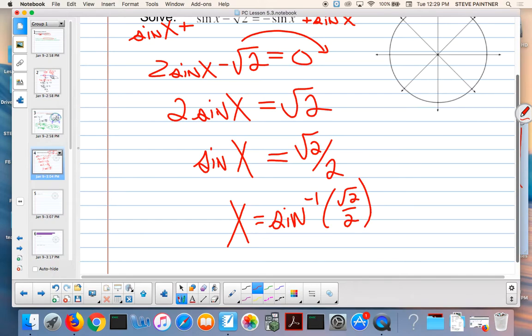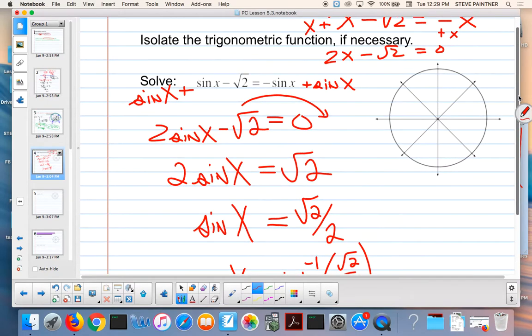But now the ratio is positive, so where is sine positive? 1 and 2. Go back up. This might help you just to put it in there. 1 and 2. And then you can kind of look at it and say, yeah, this would give me square root of 2 over 2. So this is 1, this is negative 1, this is square root of 2. And you can see that this over that is square root of 2 over 2. 1 over this is square root of 2 over 2.